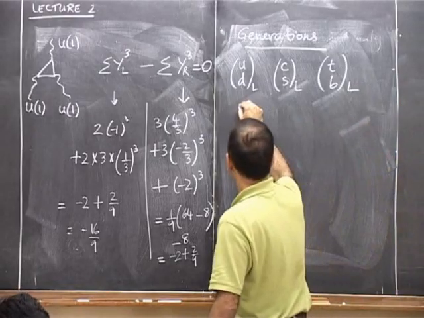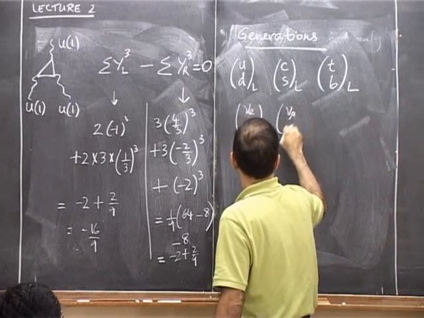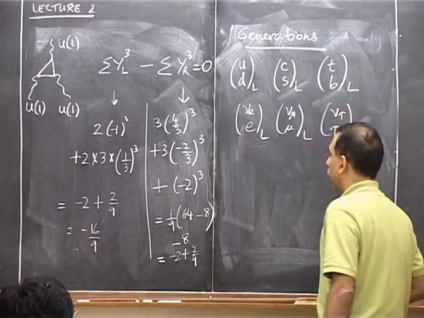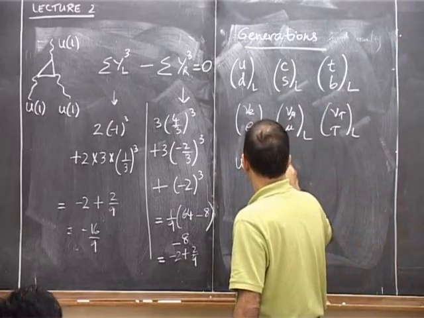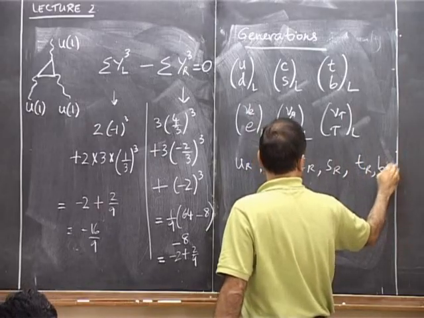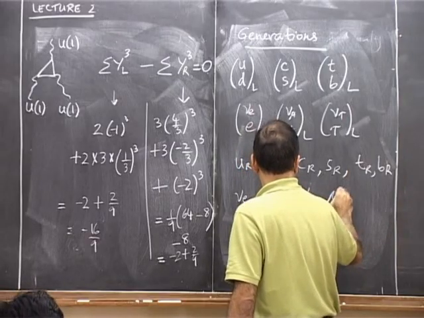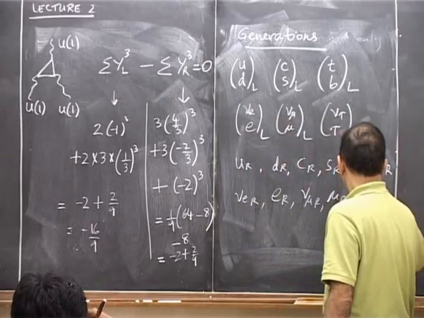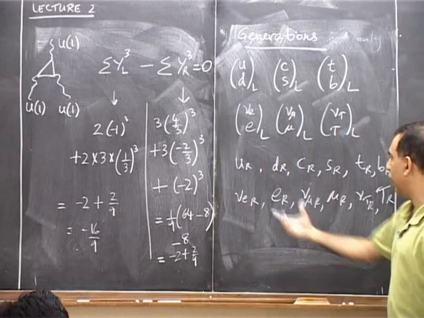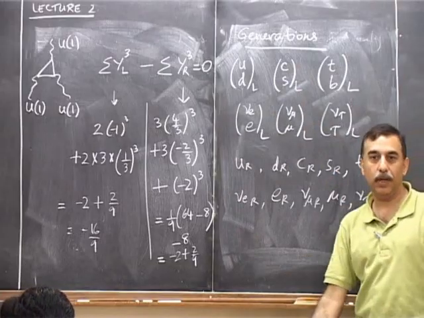And then for the leptons we have e, mu, tau, all left-handed. Then we have right-handed singlets, and they are just all of them. So boring to write down. And the hypercharge assignments will be copied from generation to generation, and that's the full fermion content of the standard model.